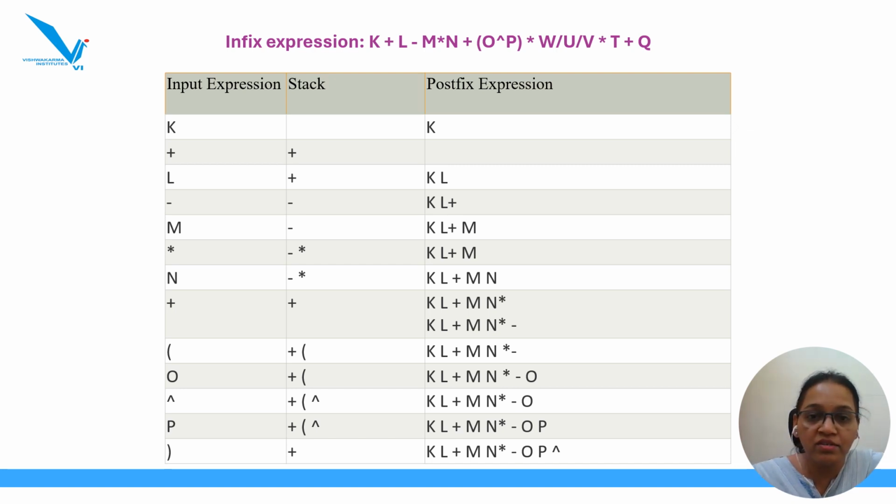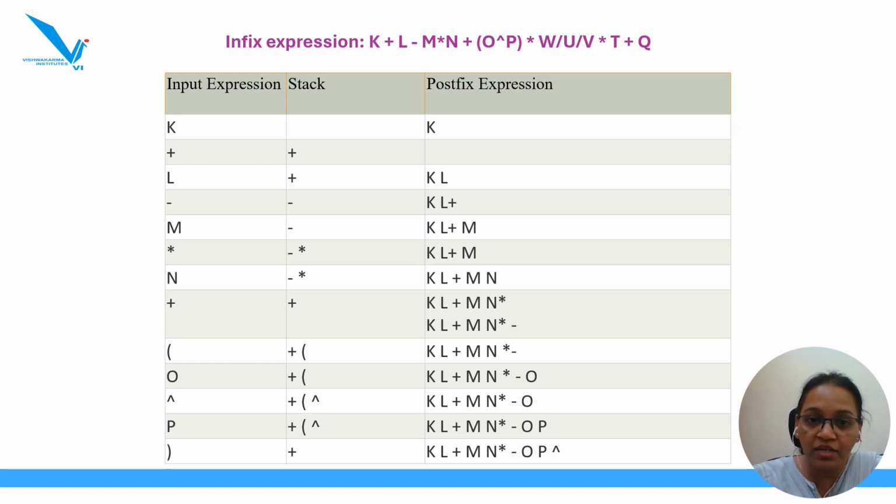We will create this table. The first column is our input expression symbol, the second column represents the stack, and the third column represents the postfix expression. Let us scan our infix expression from left to right, one symbol at a time. So let us take k. Now k is my operand, right?